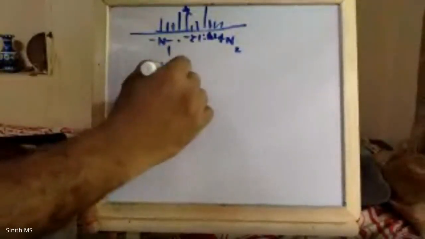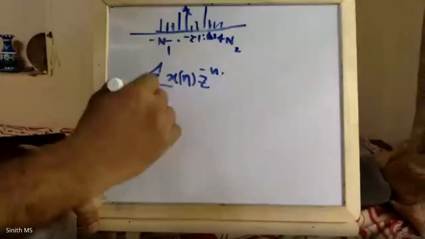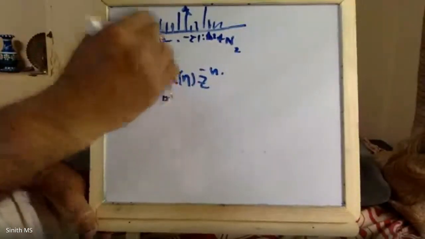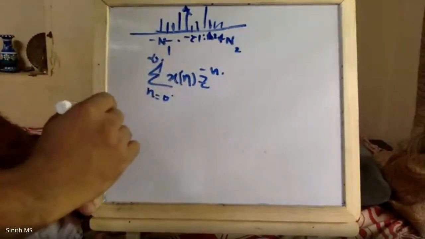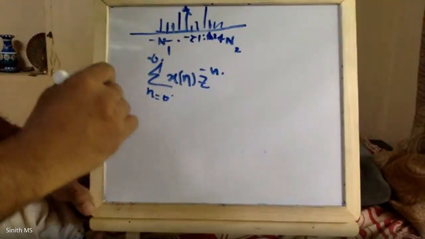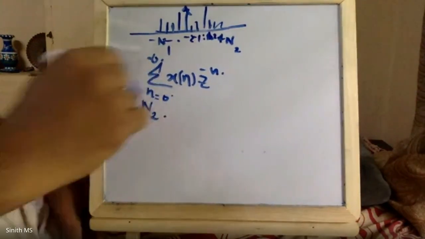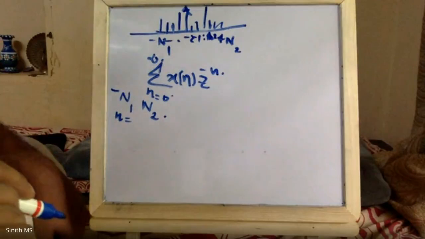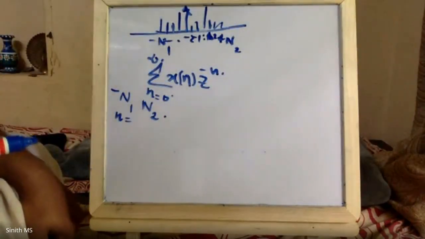If you consider the Z transform of this, sigma x[n] z raised to minus n, and give n values from minus n1 to n2, you have values on the negative side as well as the right side.